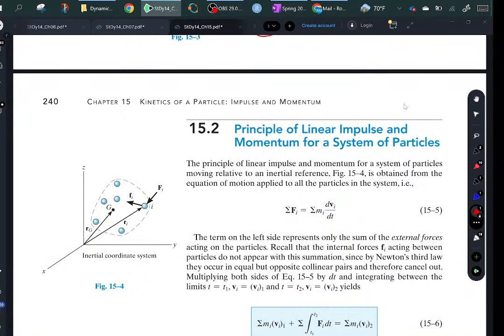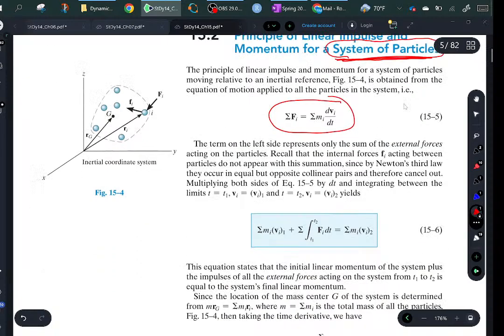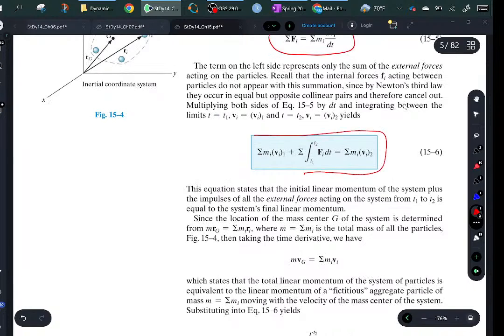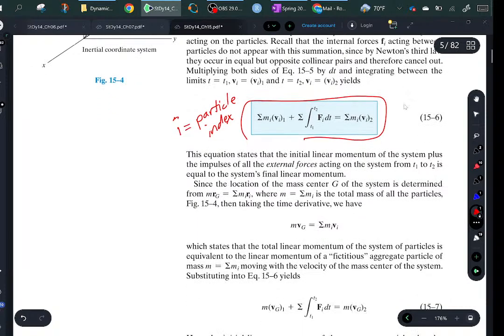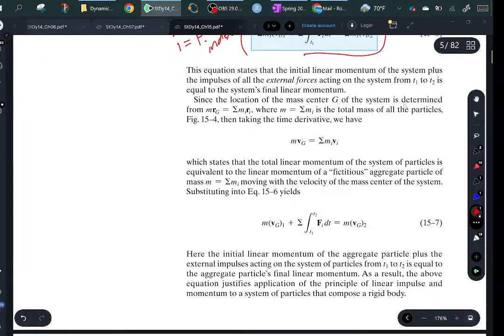Now, you can have systems of particles. And the words systems and particles should be paid close attention to, and this will become apparent shortly. Again, you end up with this equation where there's a subscript i associated with a particle, and if you go forward, he says something very interesting, but we'll pick it up in a little bit.